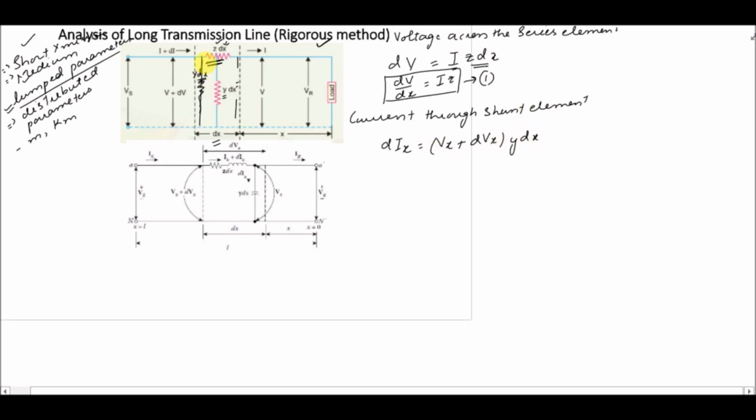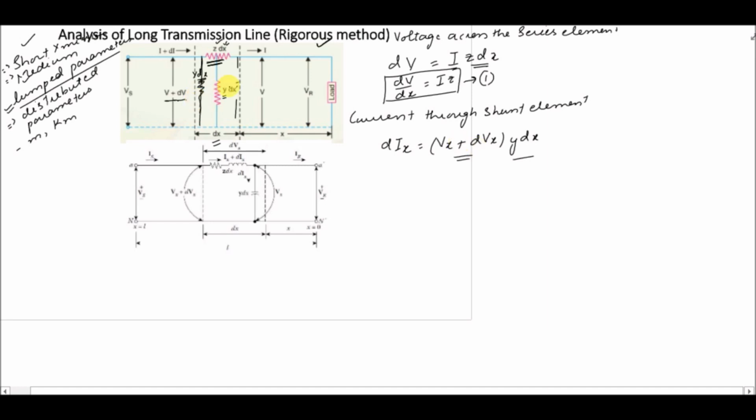The admittance value for this small segment of the transmission line is y dx, and the voltage across this admittance is V plus dV. So this is voltage into the admittance value. This will give you the current that is passing through this branch.